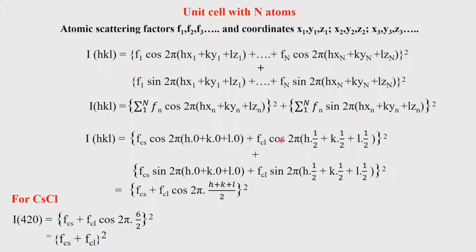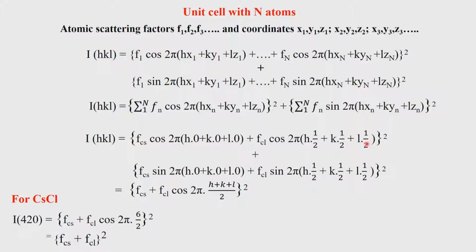Then f of chlorine cosine 2 pi h into half, k into half, l into half, whole square, and of course the corresponding sine terms. What happens in this situation is that the sine terms will vanish. We will make a general discussion of why sine terms vanish in situations similar to the structure of cesium chloride.